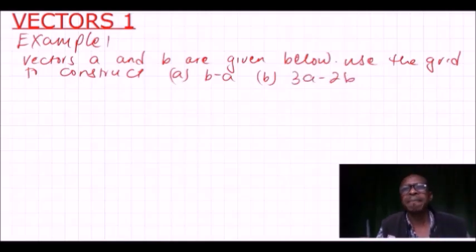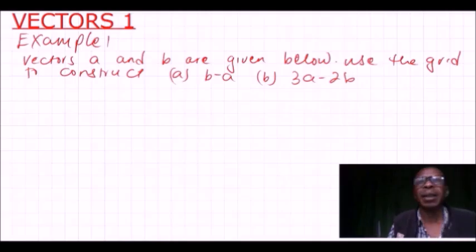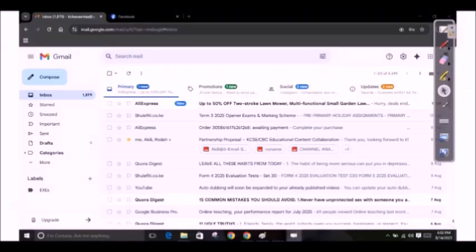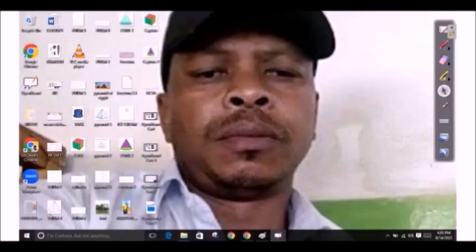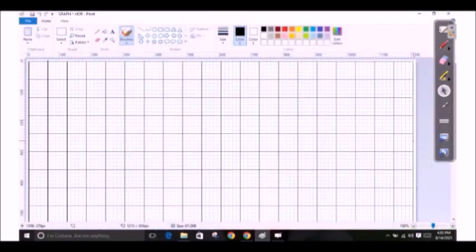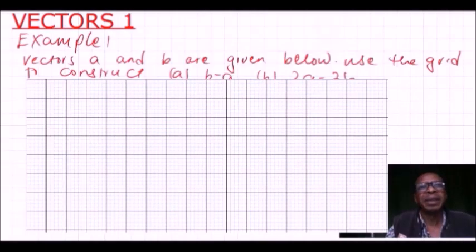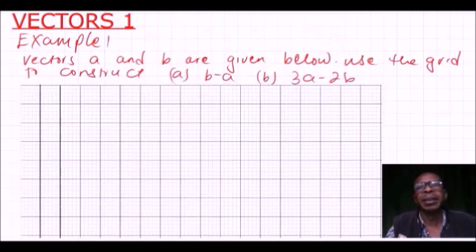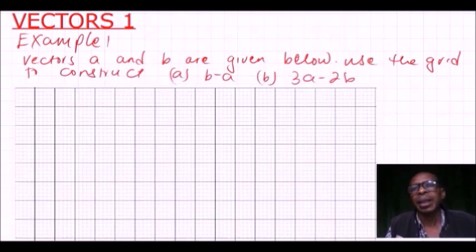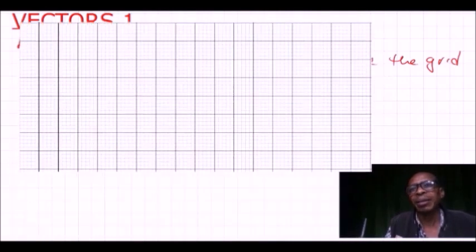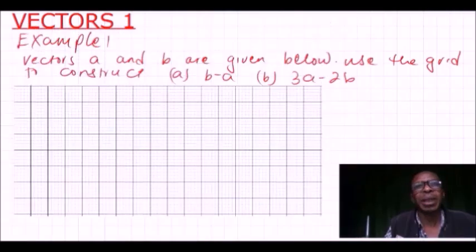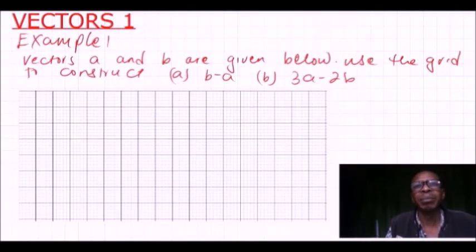Now with that, let me check whether I'll be able to get a graph which will help us to do that. So that is my graph, which I'm going to use to construct that. Let me make it a bit smaller so that it fits on my board.